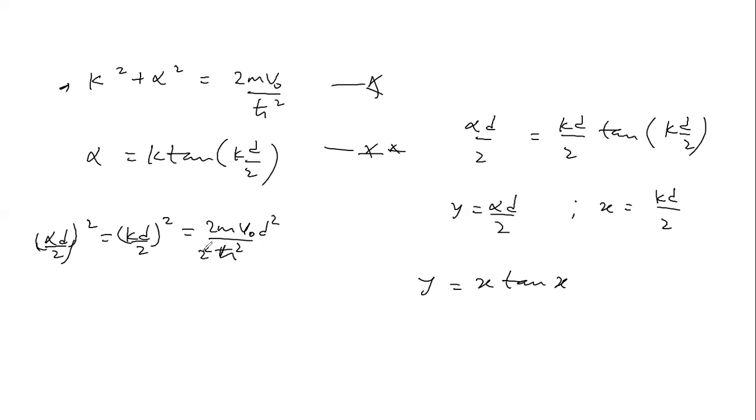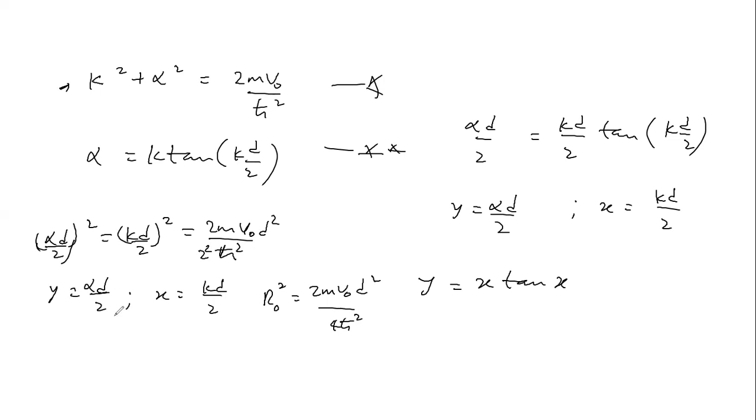Once we complete that manipulation, we have y is the same as αd/2, x is kd/2, then say r₀ squared will be this expression, which is 2mV₀d squared over 4ħ squared.